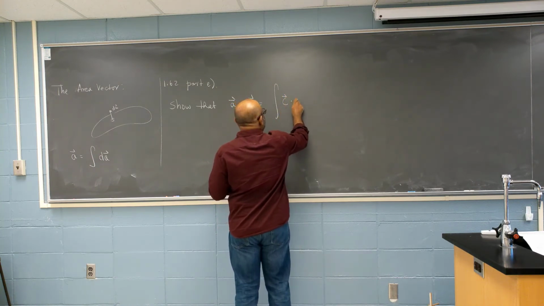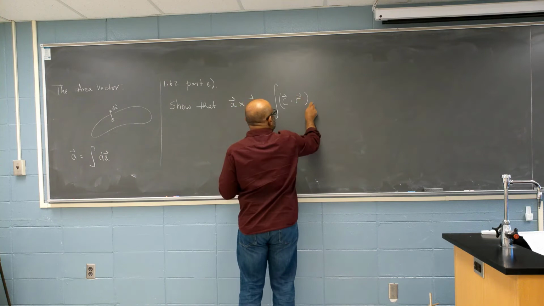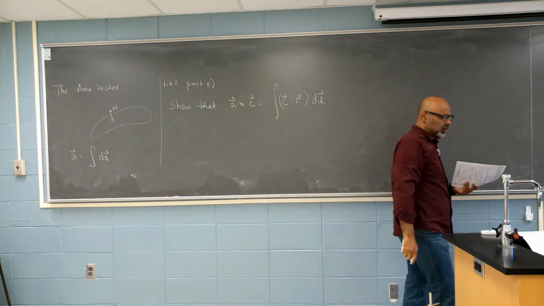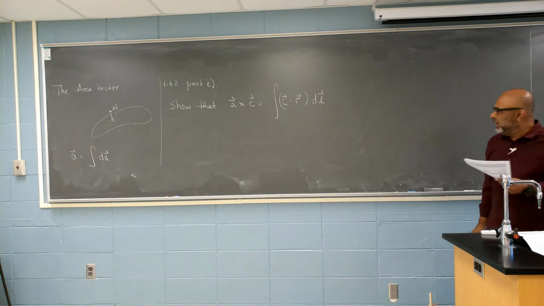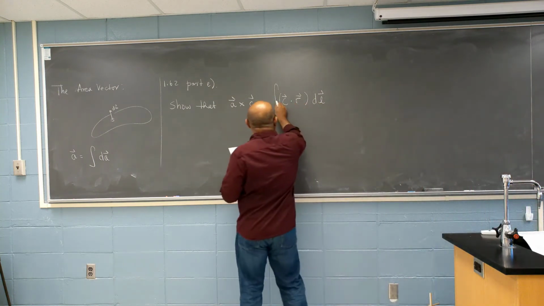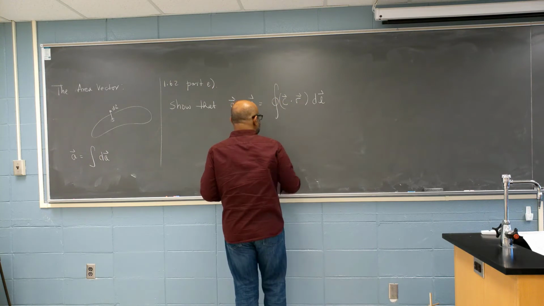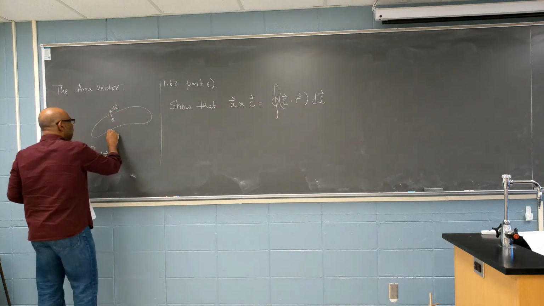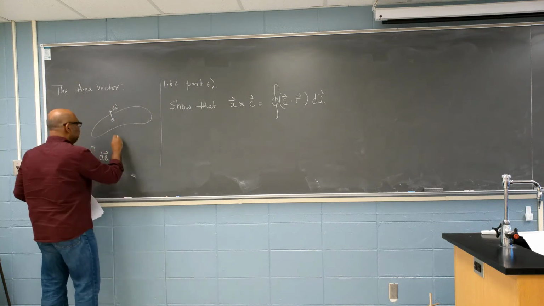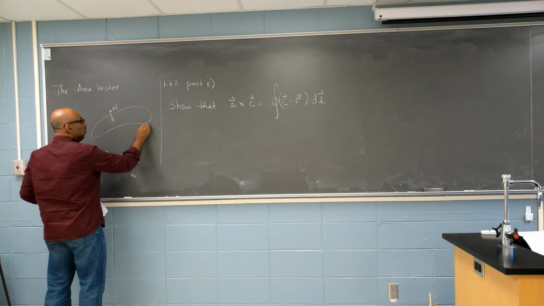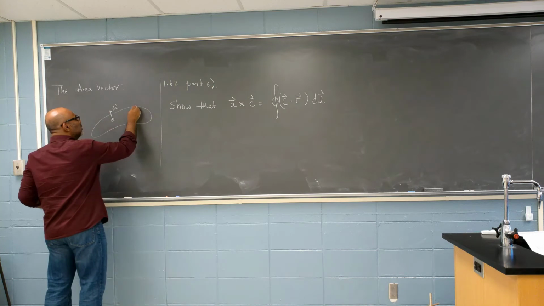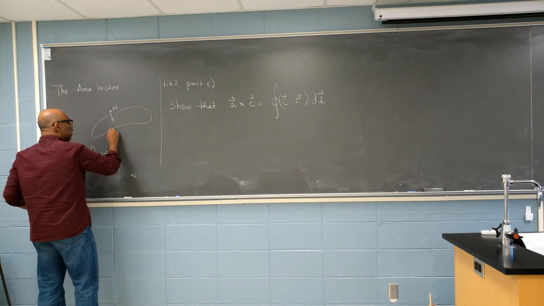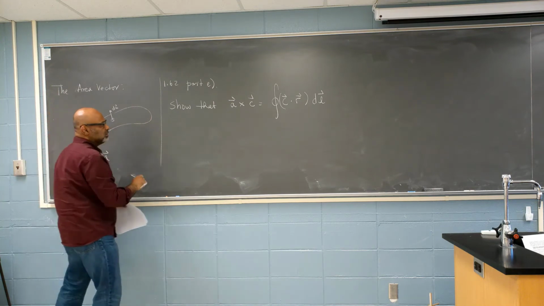The integral of C dot R dL. Now when you see a dL like this, you must realize that this is a closed loop. While any area is not closed, the boundary of it is closed.